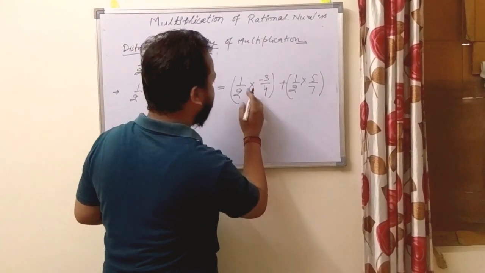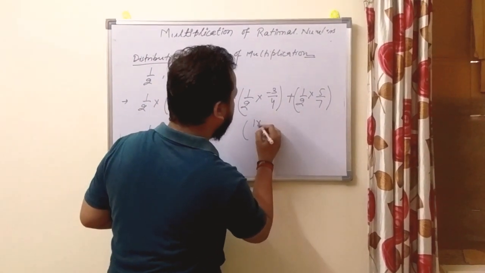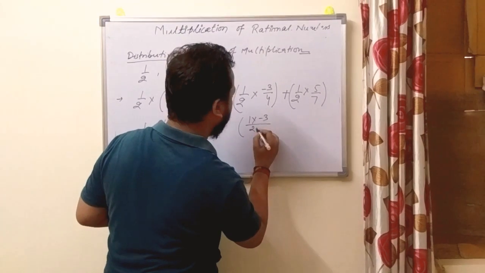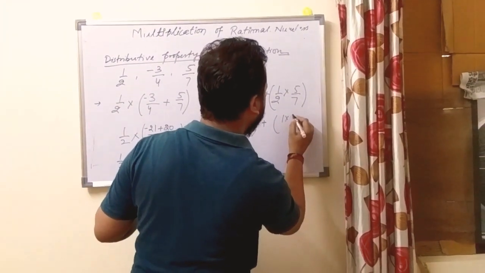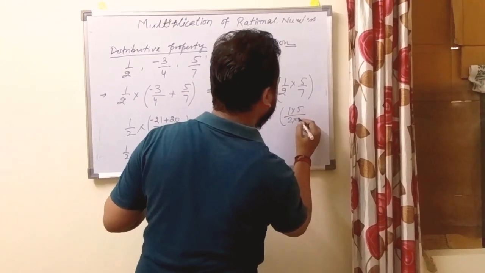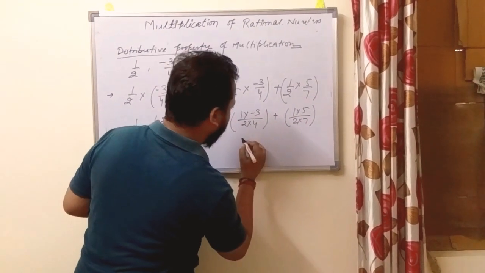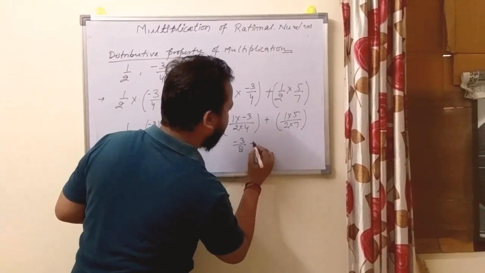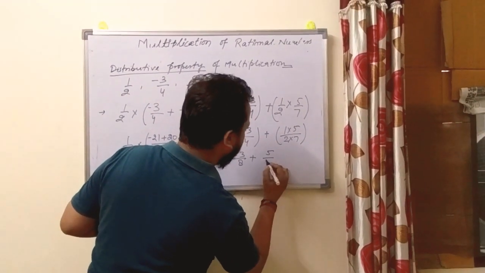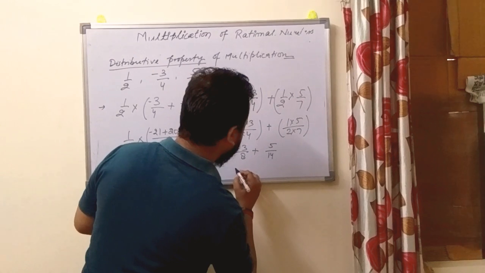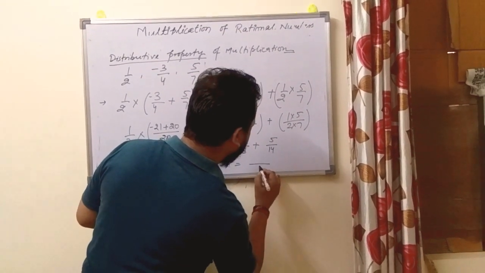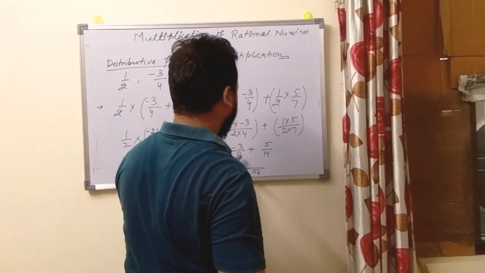So let's take here 1 multiplied by minus 3 divided by 2 into 4 plus 1 multiplied by 5 divided by 2 into 7, minus 3 by 8 plus 5 upon 14. Take the LCM. The LCM is also 56.